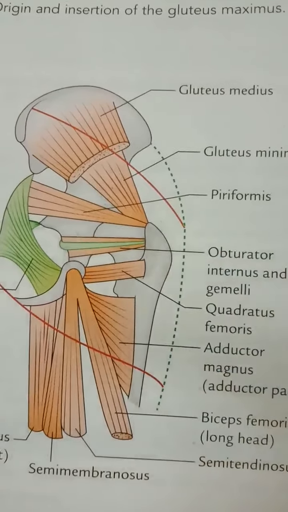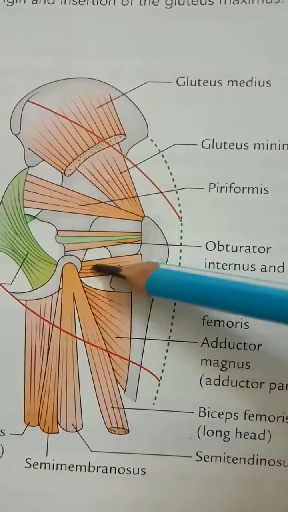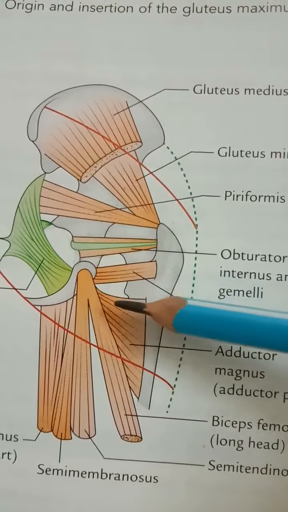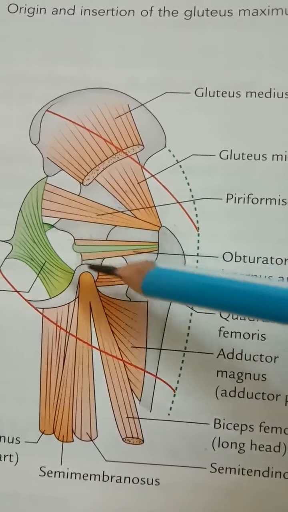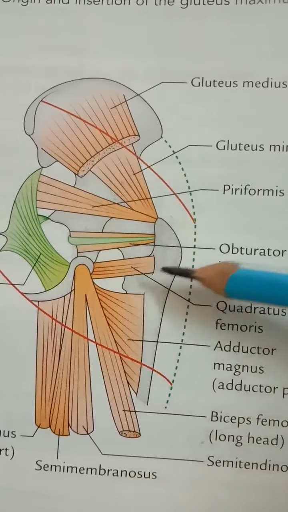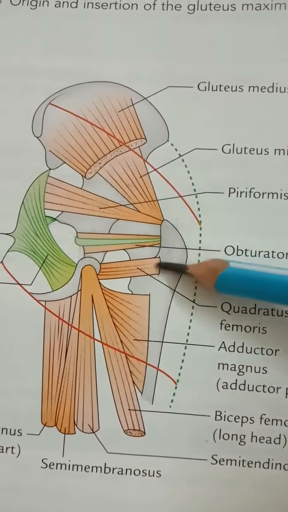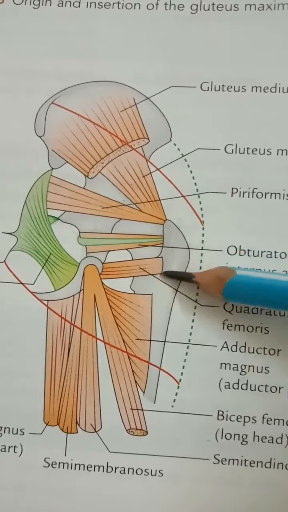So that is the origin of this muscle: it originates from the upper part of the outer border of the ischial tuberosity. Here the ischial tuberosity is present, this one. Then the insertion is the quadrate tubercle present on the femur. So here, the quadrate tubercle is present on the greater trochanter.